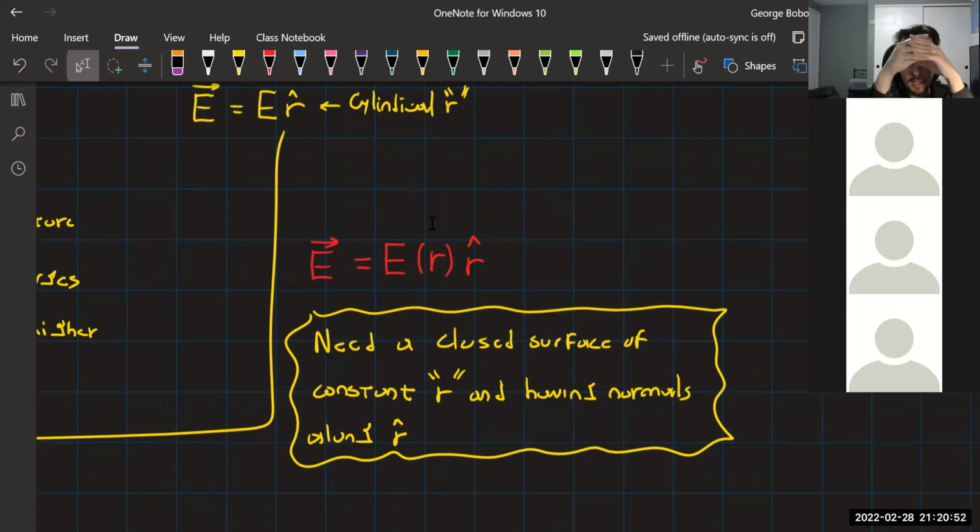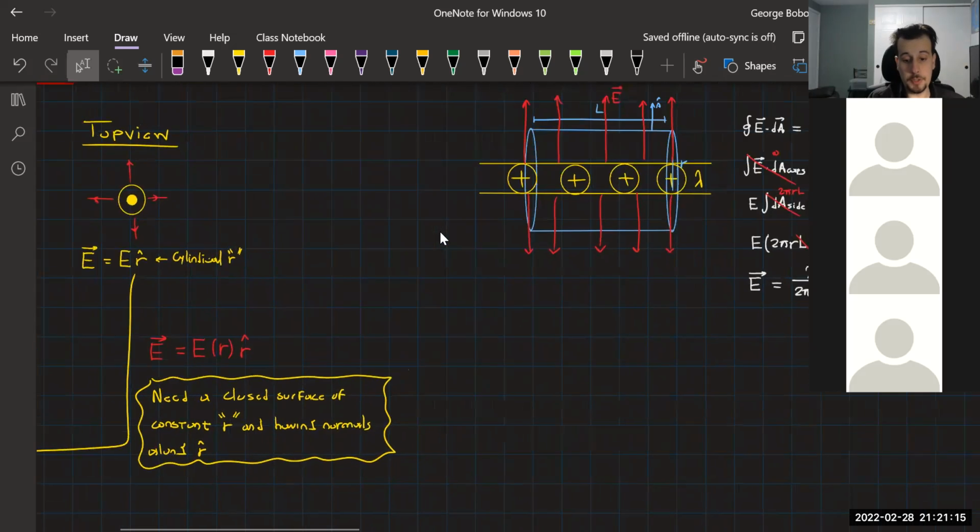So that satisfies that. And then, because the dependency is only on R, the wrapping of the cylinder, the side of it, has a constant R, which ensures the electric field is going to be the same across the surface, which is criterion 2. So once you fulfill these 2 criteria, you got your shape and you use it.